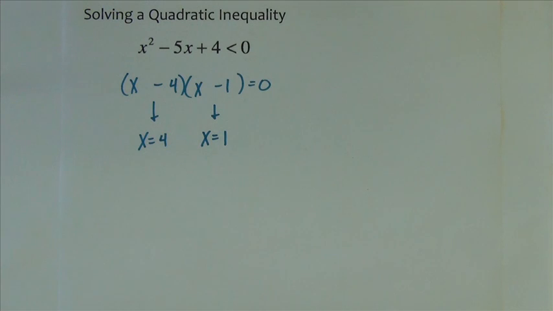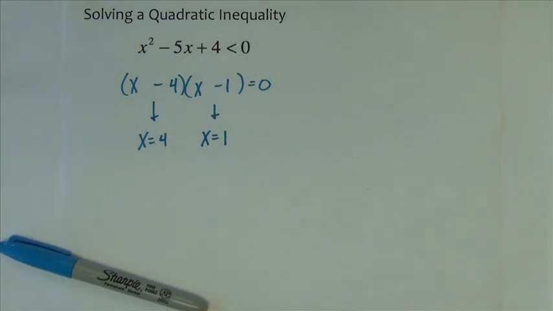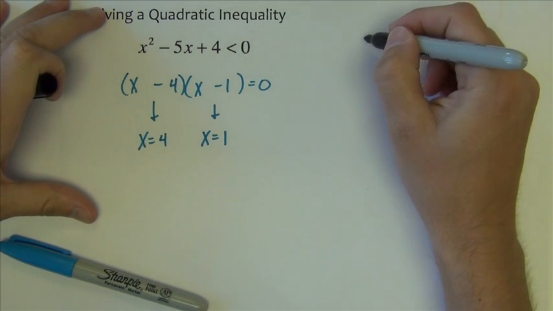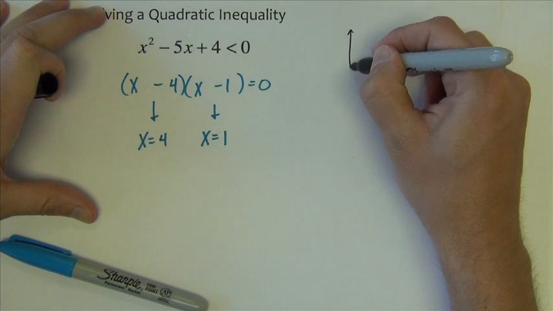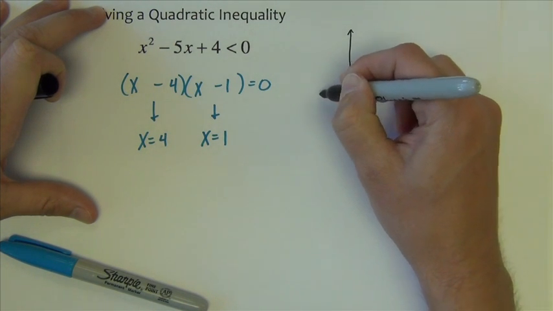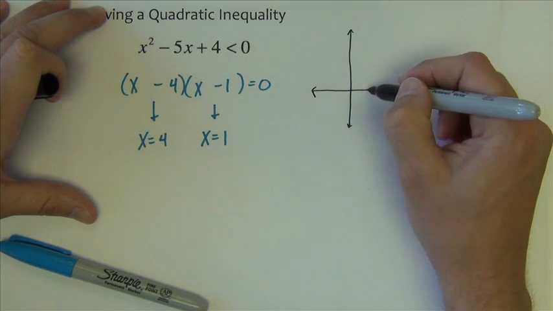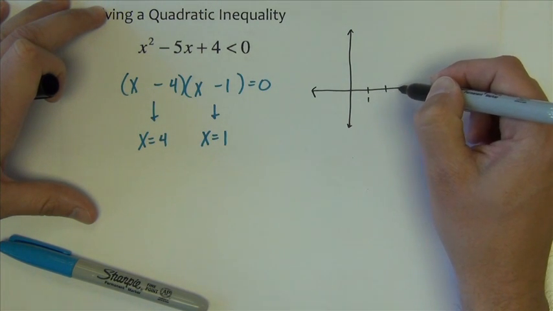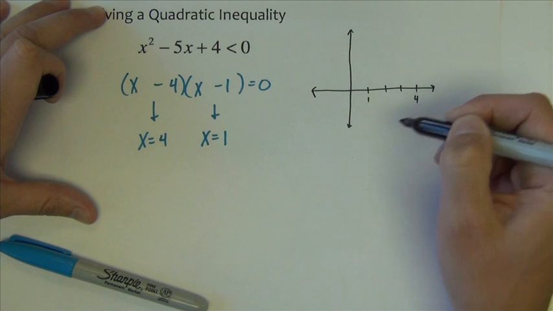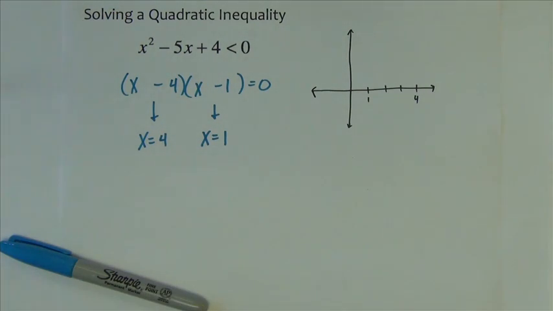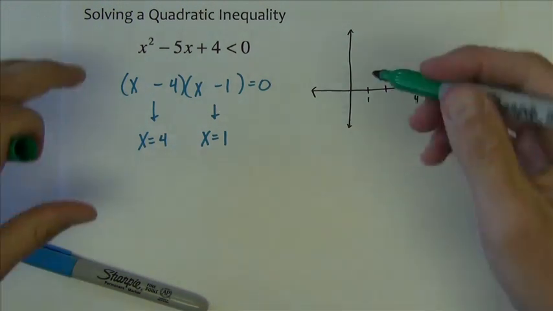Now that's enough for me to kind of get an idea of what this graph would look like if I graph this without the graphing calculator. Okay, well we just found out at 1 and 4, the zeros, this is where the graph crosses through the x-axis.